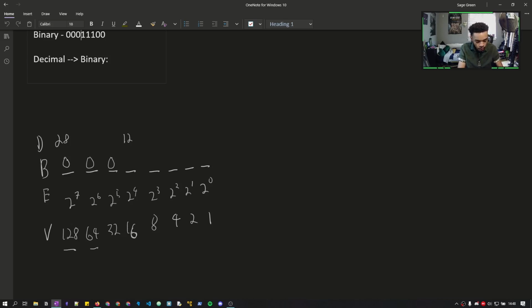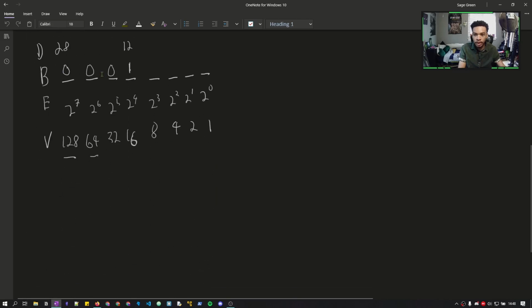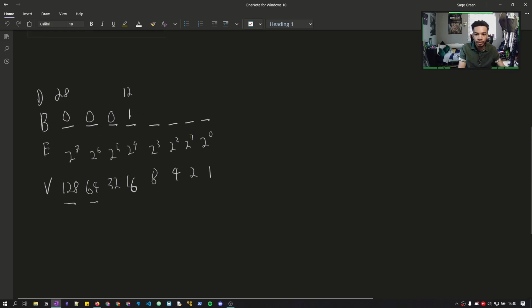And now we can put a 1 here to represent that yes, that is true. It's a true value. Remember how I said on or off values, true or false? These are false. These numbers can't go into 28, but 16 can. And when we evaluate 28 minus 16, we get 12. I'll even write that to the side: 28 minus 16 equals 12. You see how we got this number 12.